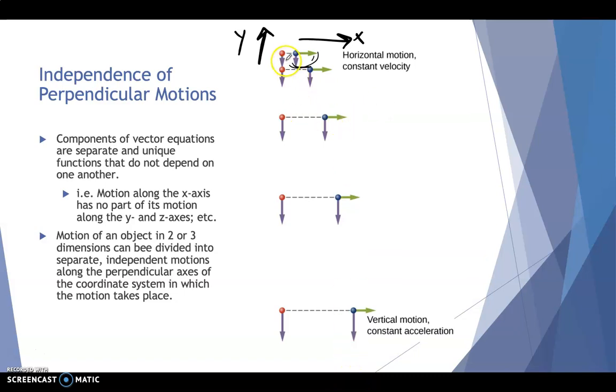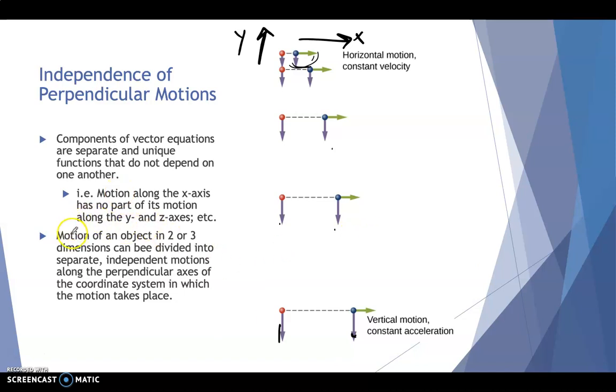But as you see, they are completely independent of each other. So the red ball and the blue ball fall at the same point, or the same velocity, I should say. And this shows that they have the same exact motion in the y direction, even though the blue ball was thrown to the positive x-axis.